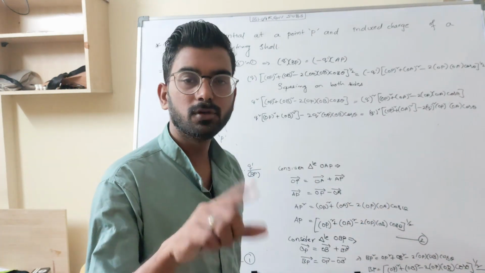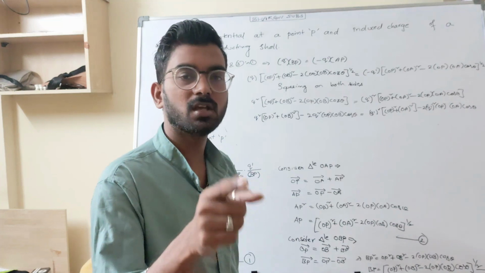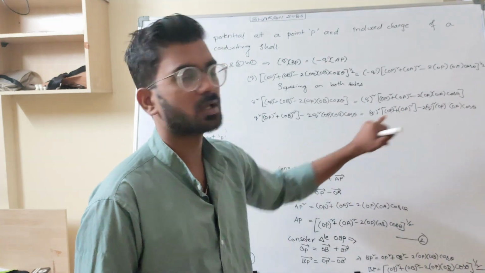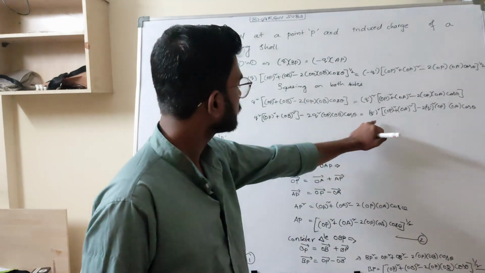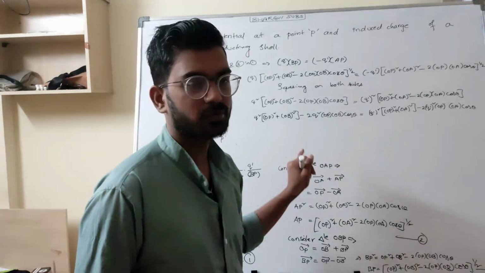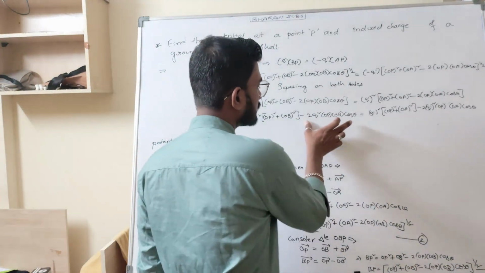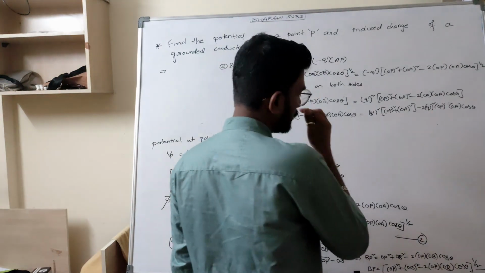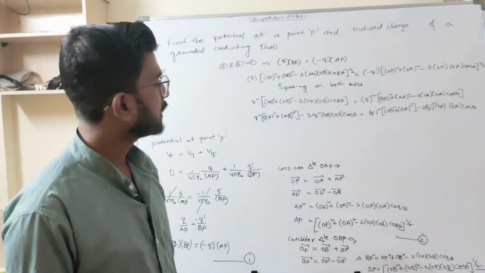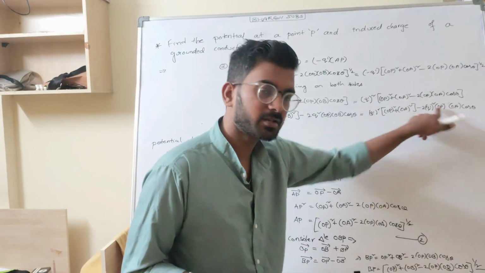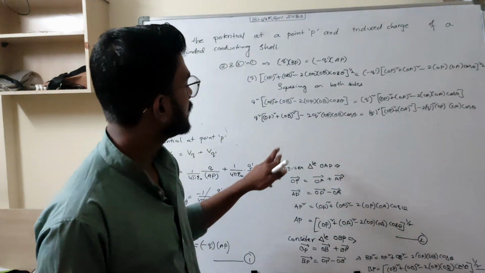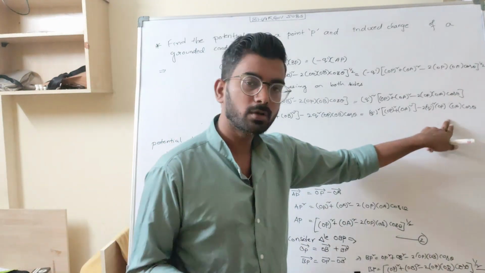Because if you change the values of theta, you will get different values on both sides. But if you vanish this term and this term, then these should be equal, must and should be equal, because it was present q dash.